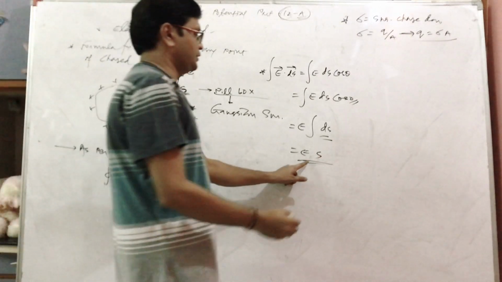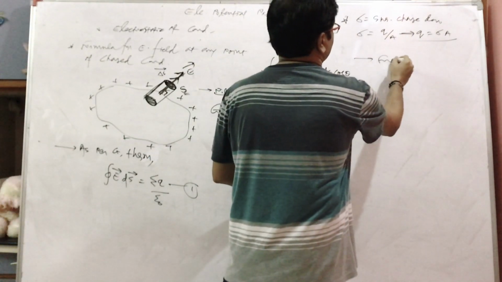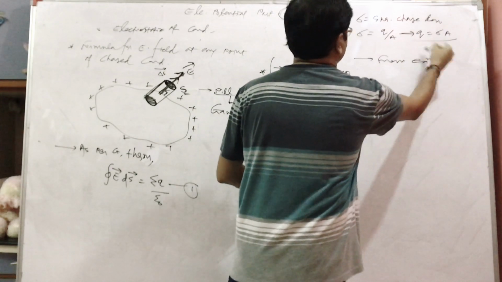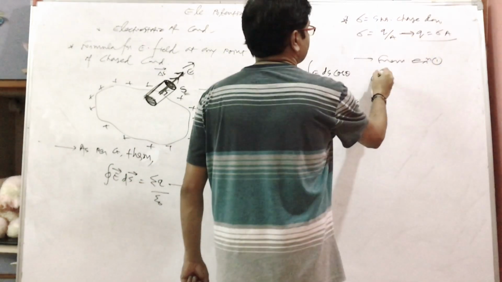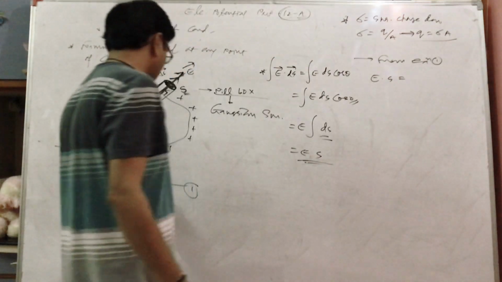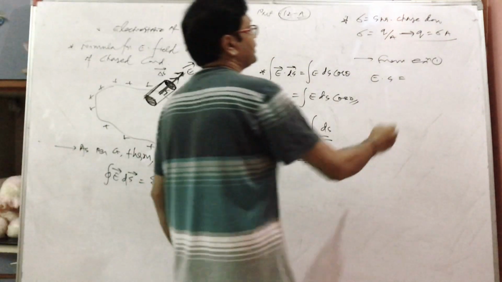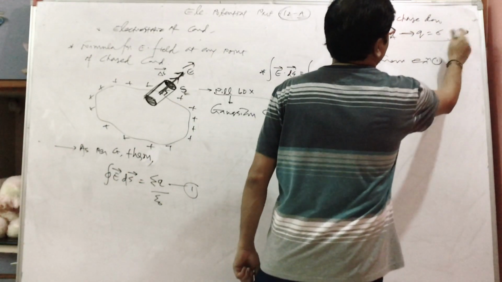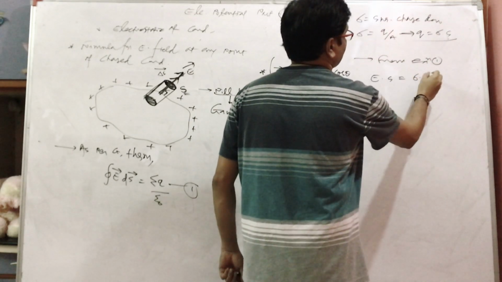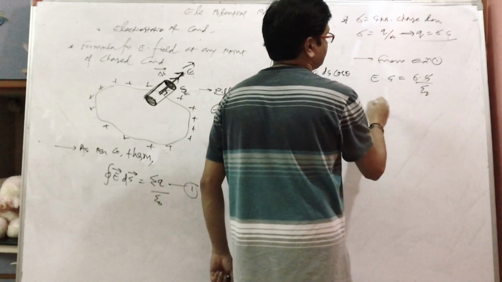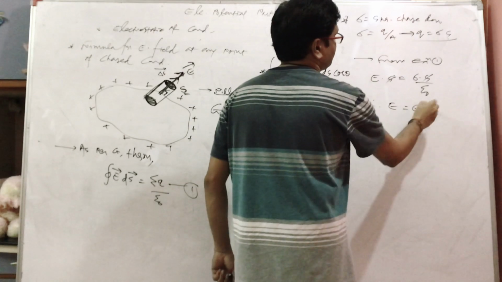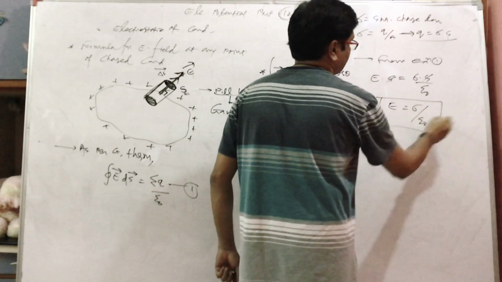E dot ds, it is already with you. So from equation number 1, here E dot ds, it is E into S is equal to sigma q, it is already sigma into area, but here area is S. So sigma into S upon epsilon naught. S cancels. So what is the electric field? It is sigma upon epsilon naught.